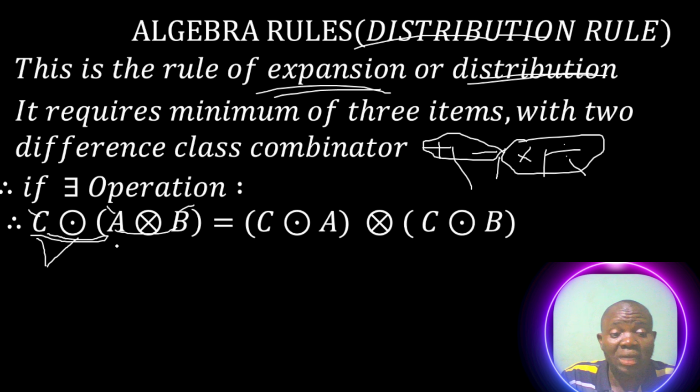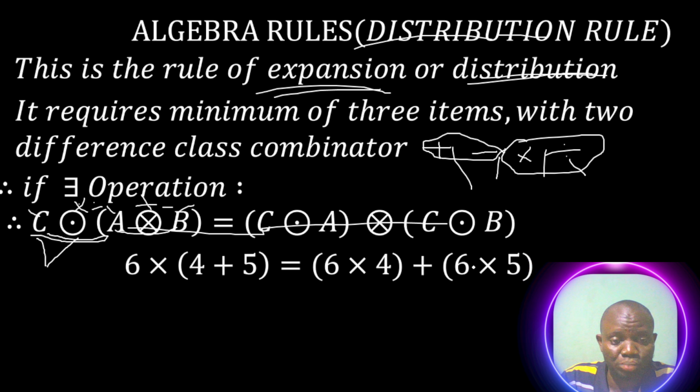That's the reason why, if it is multiplication or division outside the bracket, it must be addition or subtraction inside the bracket. It will now go through what we call expansion. So it has been expanded.